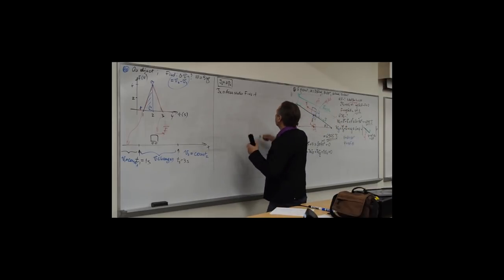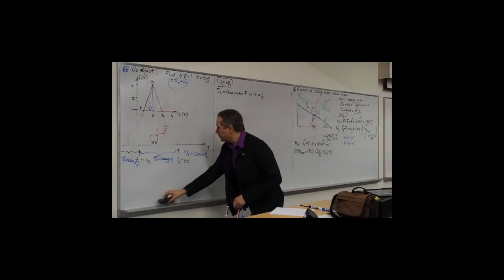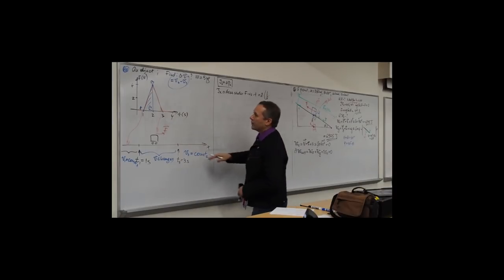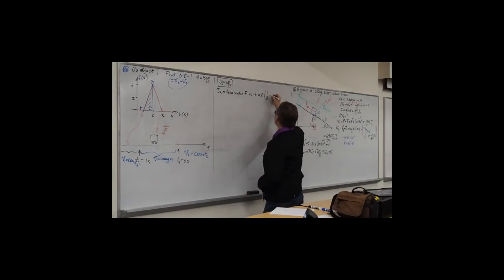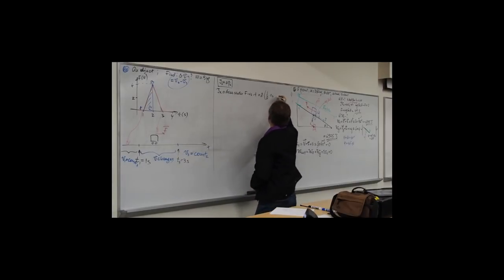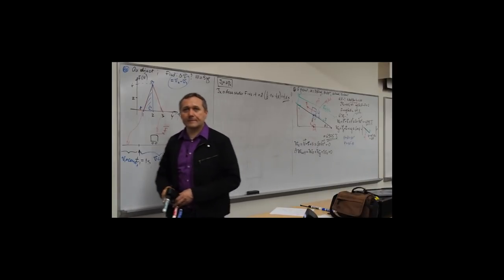So it will be 2 times 1/2 times base, which is 2 minus 1, which is 1 second, times height of 4 newtons. So it will be 4 newtons times seconds.